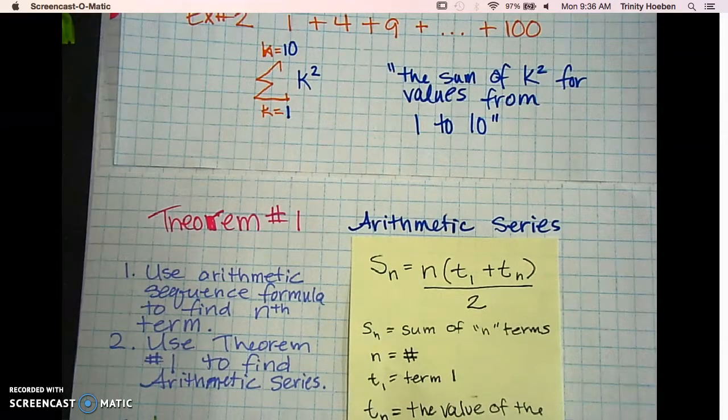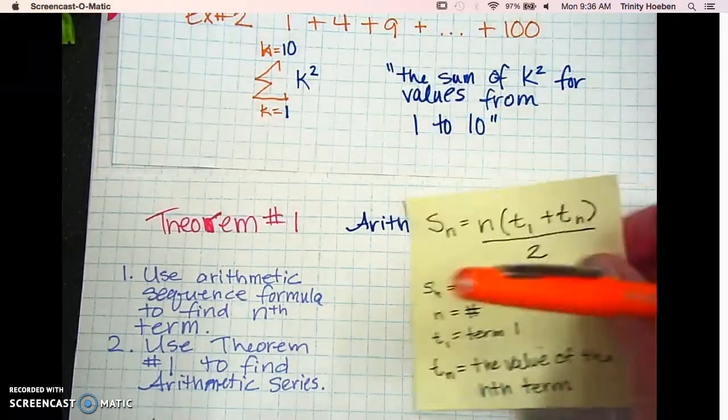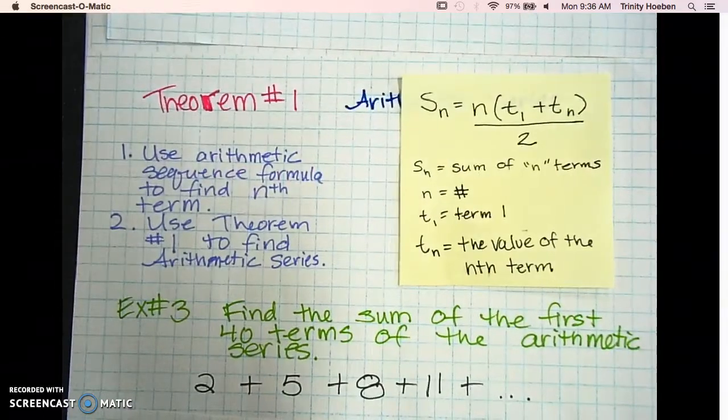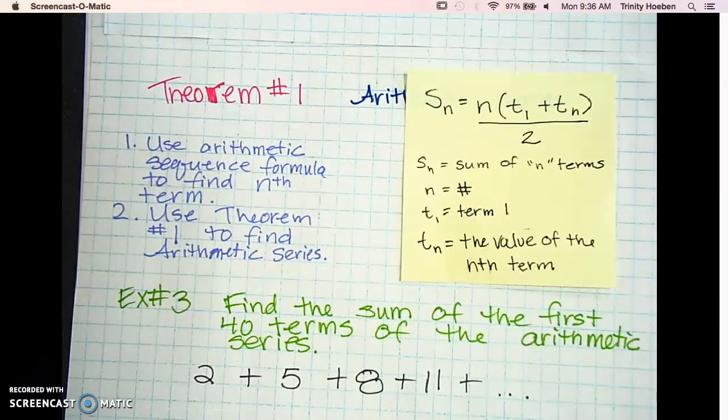All right. So example number 3. We're going to find the sum of the first 40 terms of the arithmetic series.